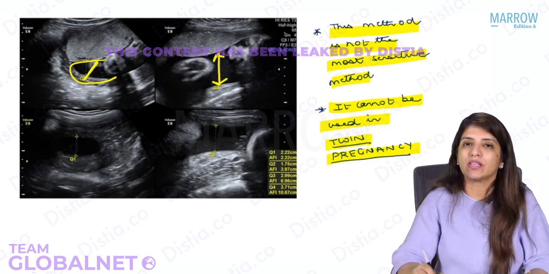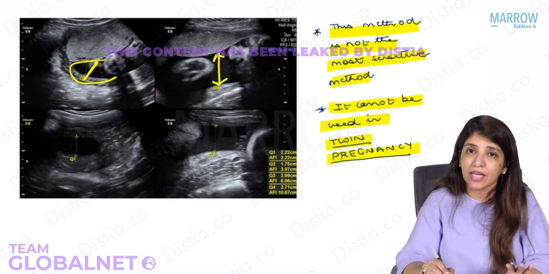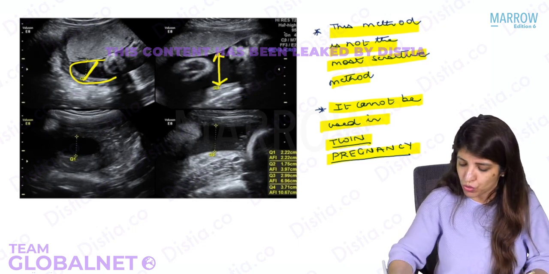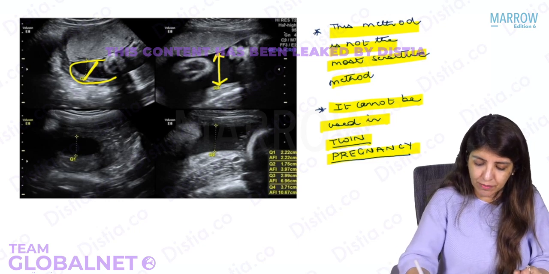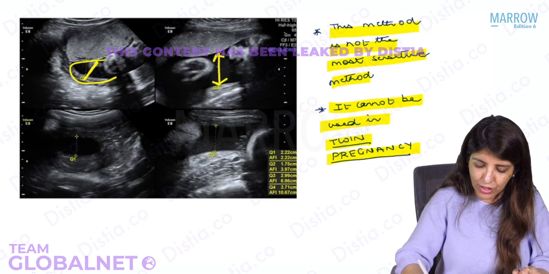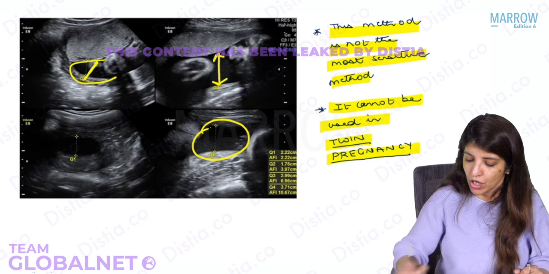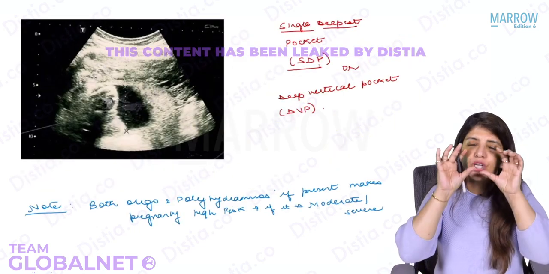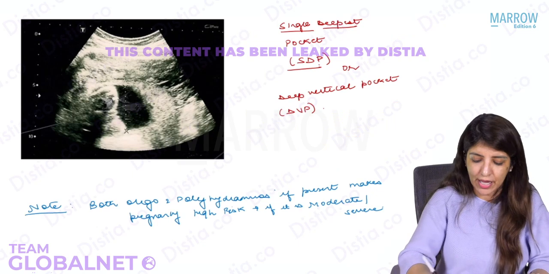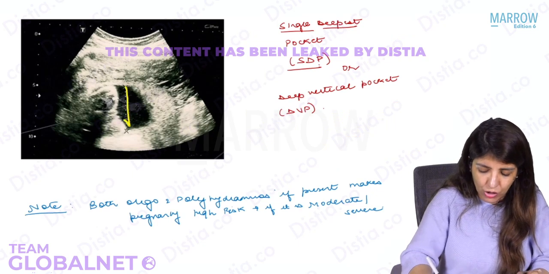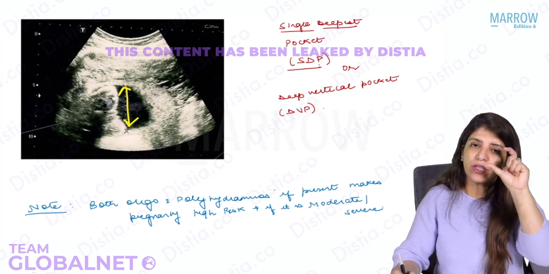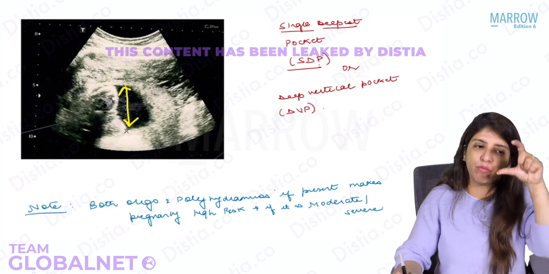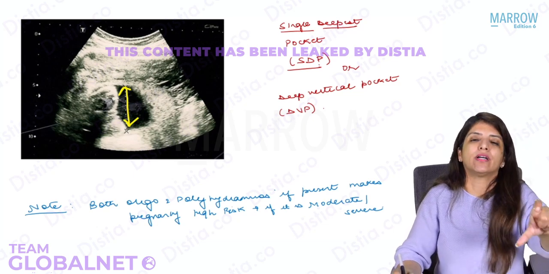Now, in the next method, what I'm doing, I am just seeing which pocket is the largest pocket. So suppose over here, this pocket is the largest pocket. Right? So when I measure, I see, okay, this pocket is the largest vertical pocket. So now I'm going to just focus on that largest pocket and measure the vertical diameter of that pocket only. Whichever is appearing largest to me, I'm going to measure its vertical diameter.